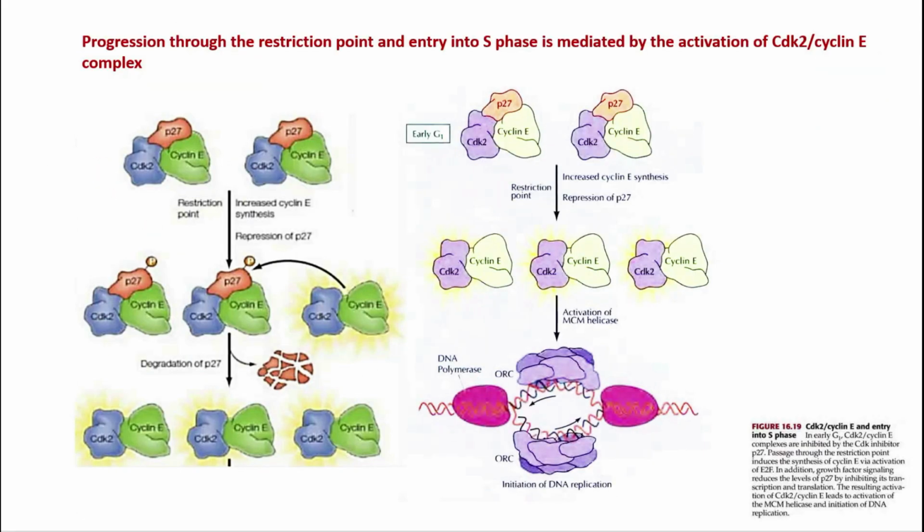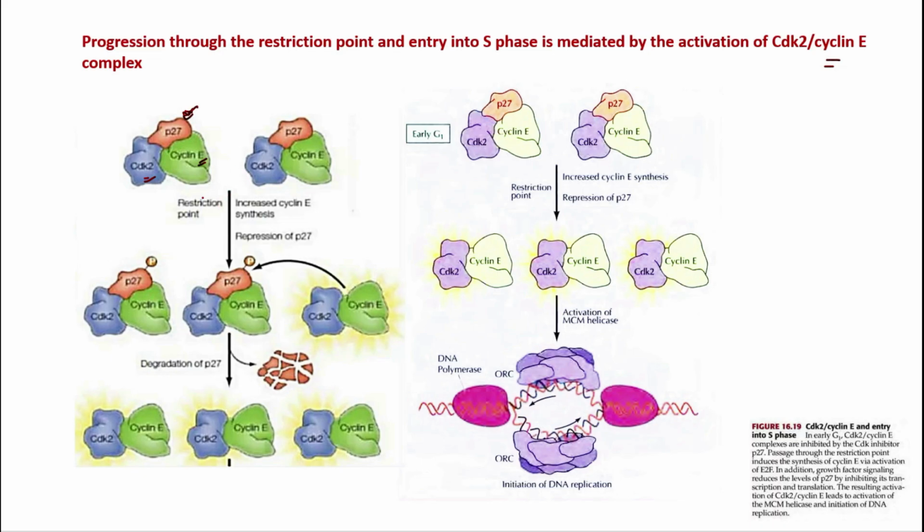Now let us see how another factor, P27, is regulating. The progression through the restriction point and entry into S phase is mediated by the activation of the CDK2 cyclin E complex, as we have discussed earlier. But there is another factor known as P27. It binds with CDK2 and cyclin E and does not allow further synthesis.